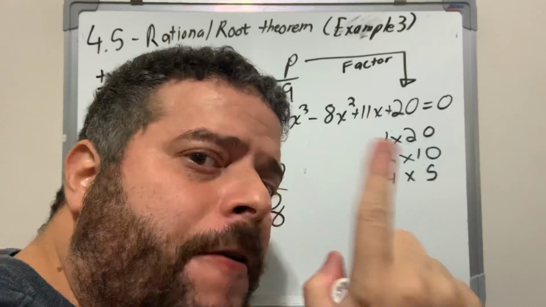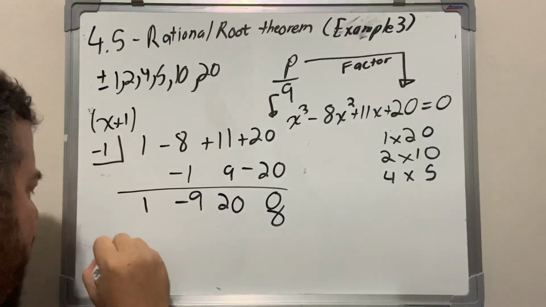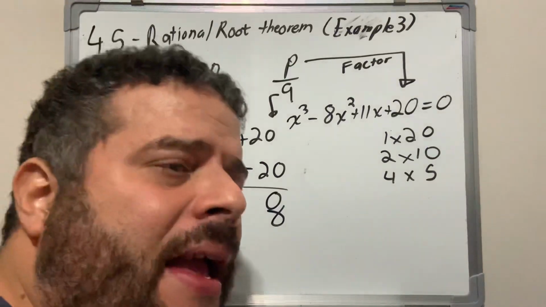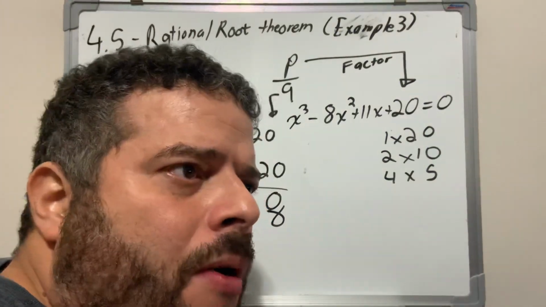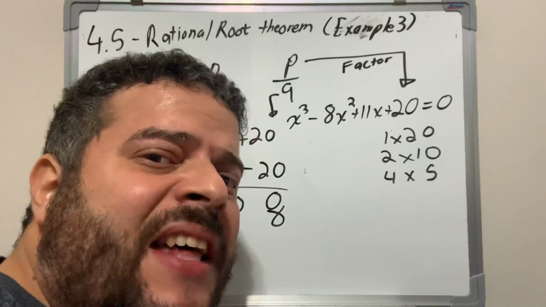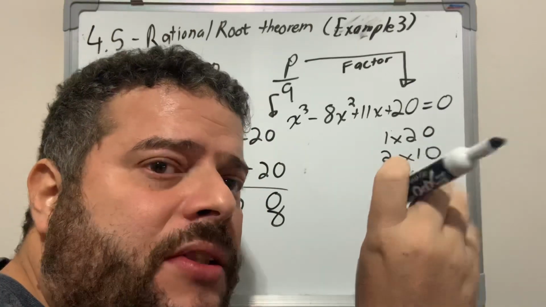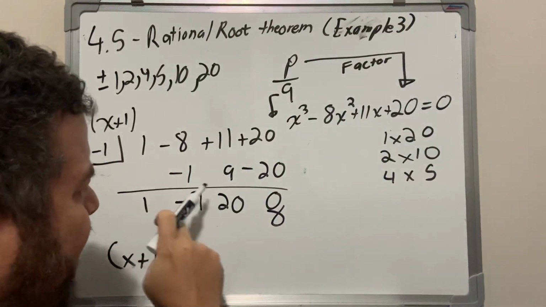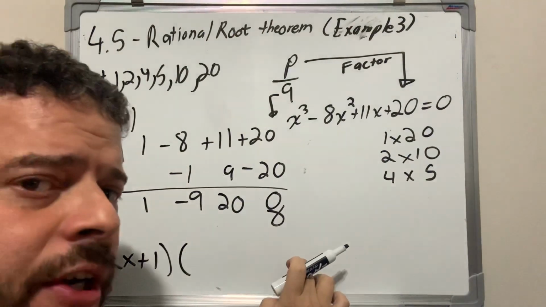So I found my first factor. I'm going to write it down here. Now we're going to combine the factor theorem with another type of exercise we did yesterday, which was list the answer as a product of factors. So now I'm going to write the answer also down here.